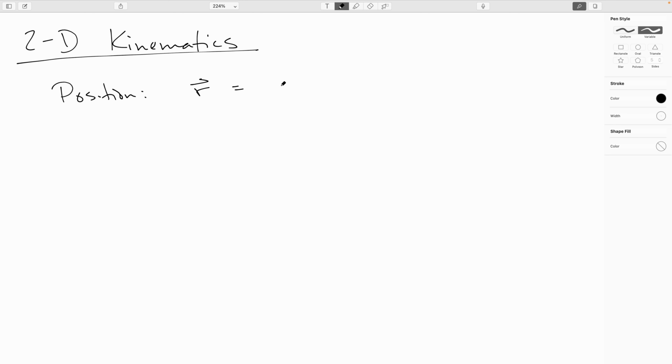The name of the x component of the position vector is just x. So we would take the x component and multiply that by i hat, the unit vector that points in the plus x direction. And we would take the y component of r, which is just named y, and multiply it by j hat, which is the unit vector that points in the plus y direction.